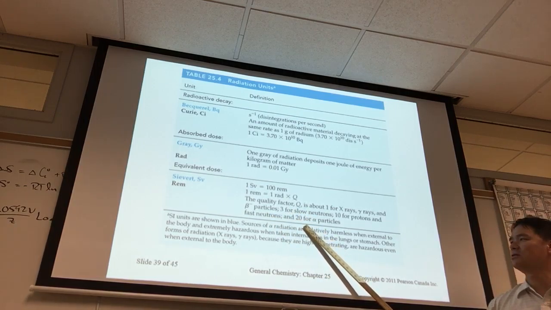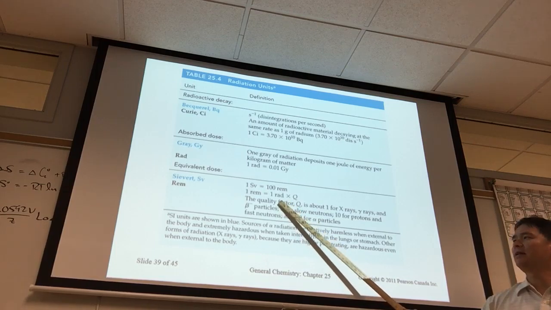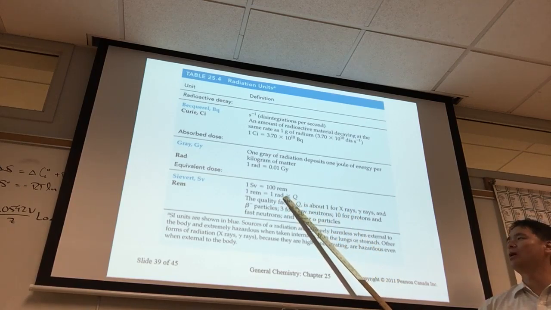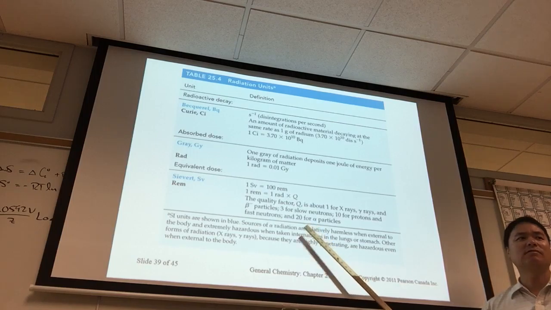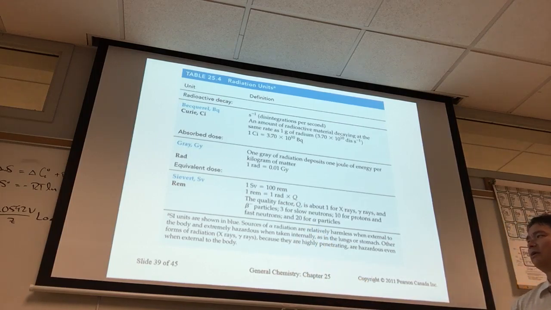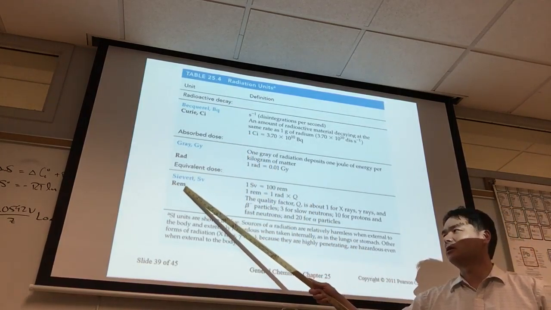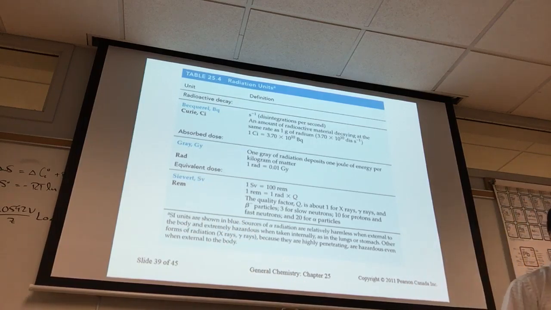But look at alpha particles. 10 rad of gamma rays is like 200 of alpha particles, a 20-fold increase. So what you should just know is that the rem, a biologically adjusted dose, is what you want to know about radiation exposure.